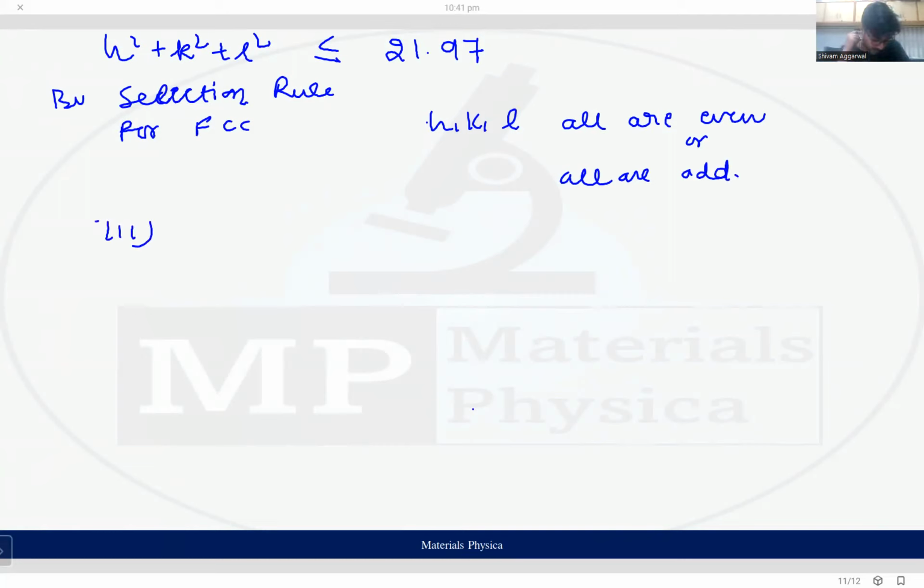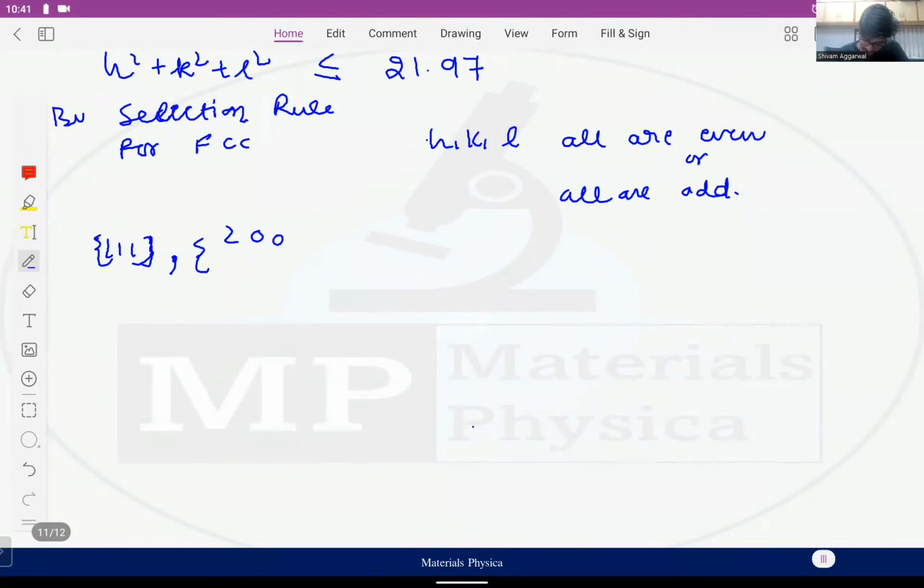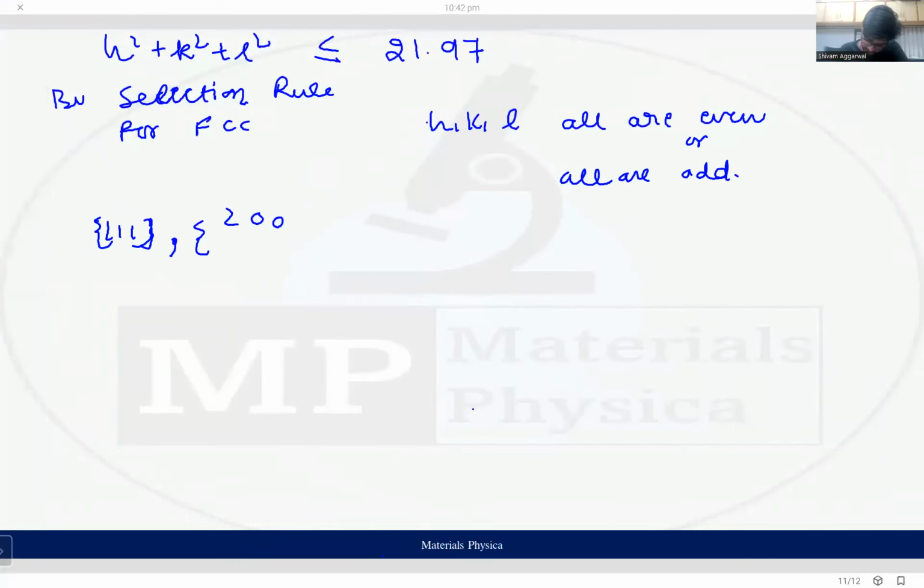And the combinations go in such a way: 111. If I see the family of planes, the first is 111, second would be 200, third would be 220, and after that 311, and 222.